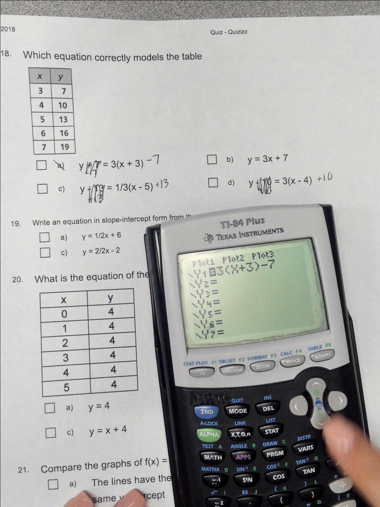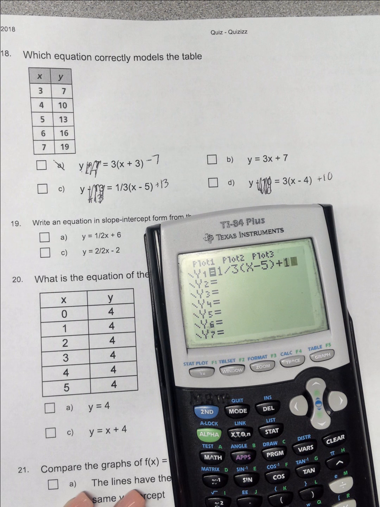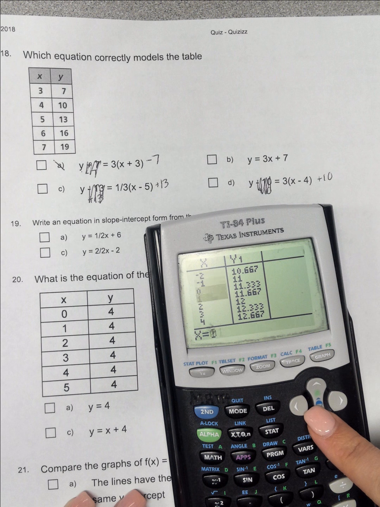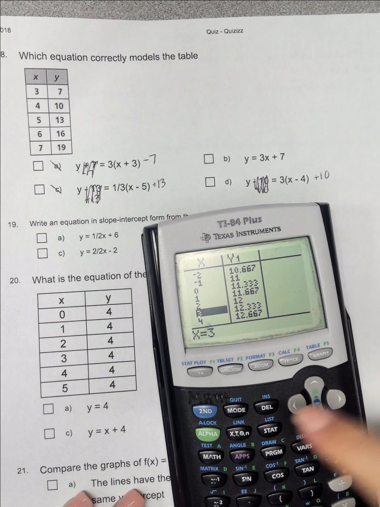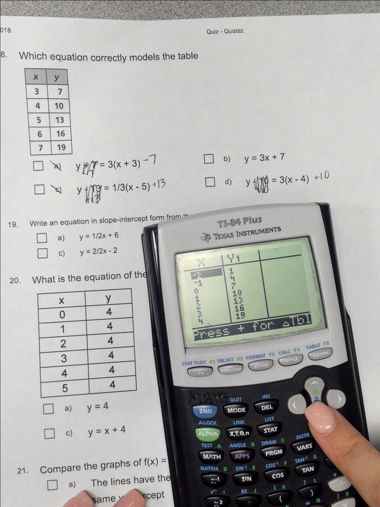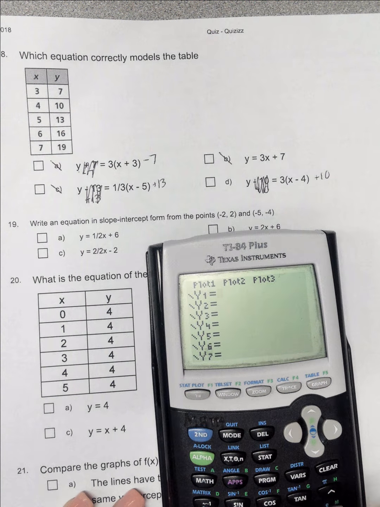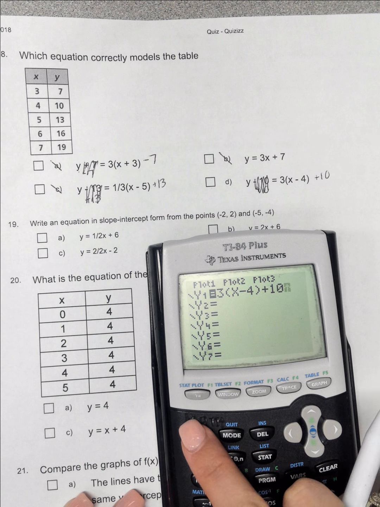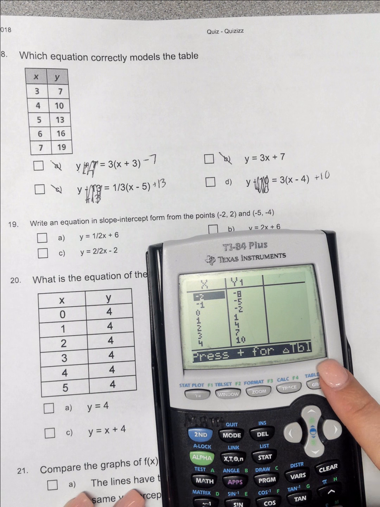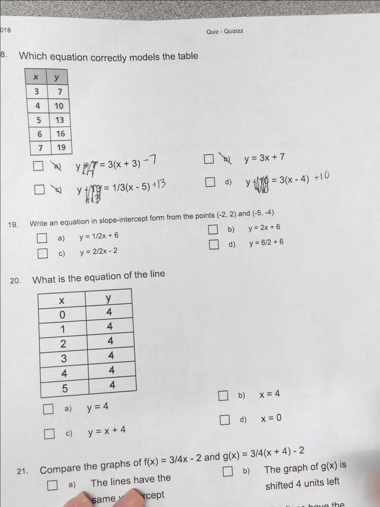Alright, 1/3 x minus 5 plus 13. 3, 7, nope. 3x plus 7. 3, 16, nope. 3 parentheses x minus 4 plus 10. 3, 7, yes. 4, 10, 5, 13, 6, 16, 7, 19. That is your answer.